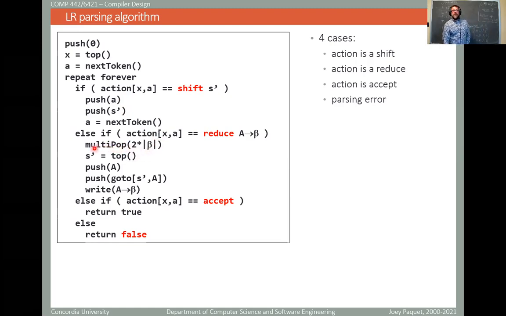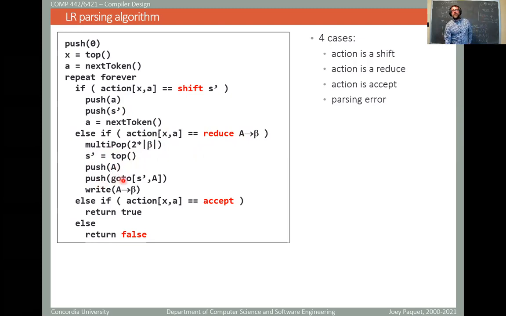So you pop your right-hand side from the stack, then you remember what is the state that is under this right-hand side onto the stack. Then you replace the beta, the right-hand side, by A onto the stack.